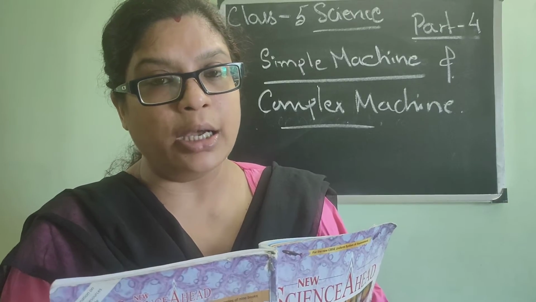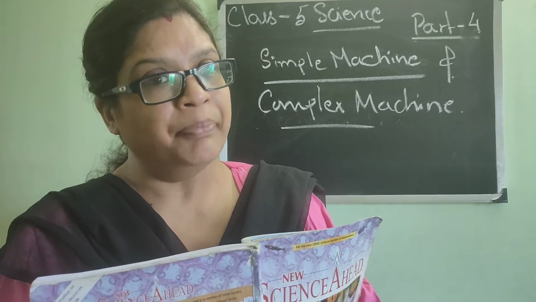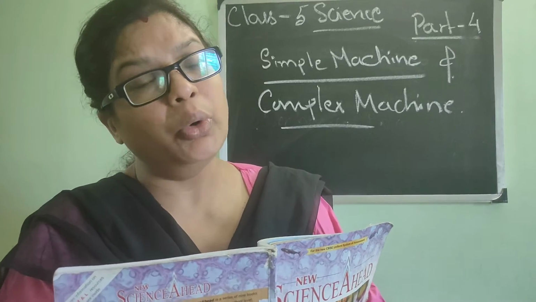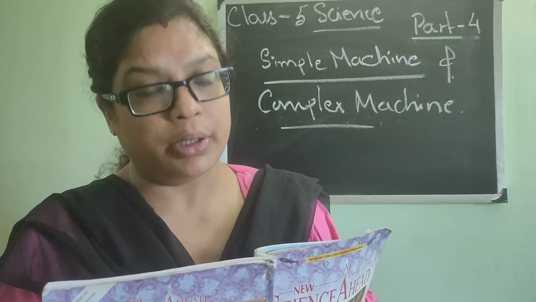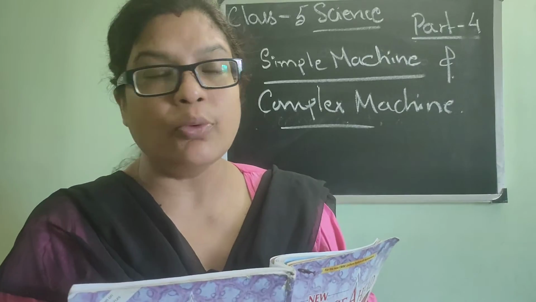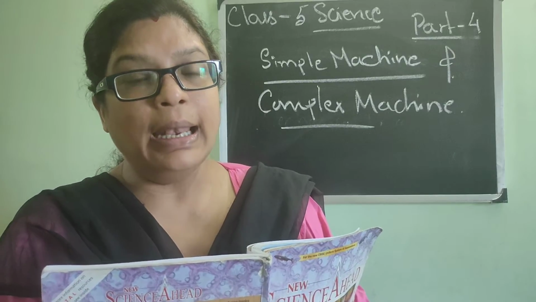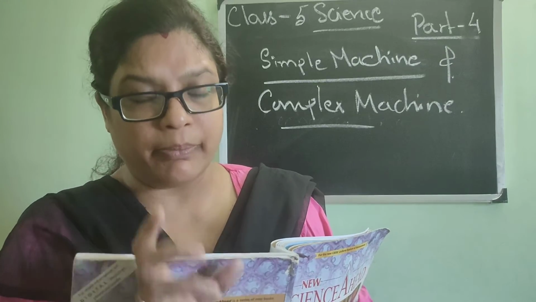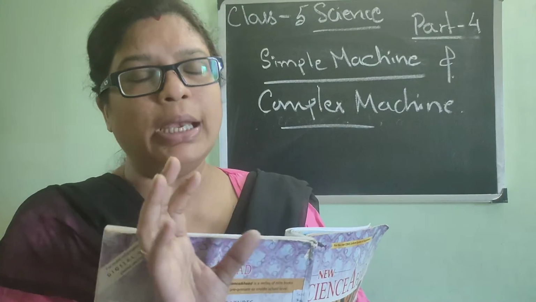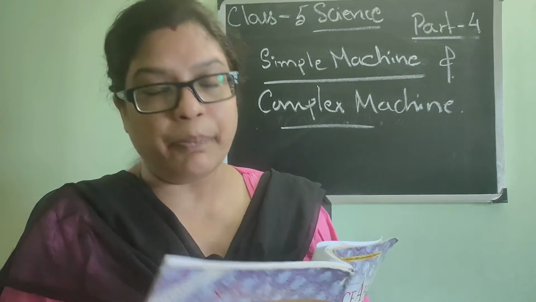When you get the PDF of force, work and energy, you are going to see the difference between simple machine and complex machine. So if I ask you, what will you say first? That in a simple machine, we need very few parts.